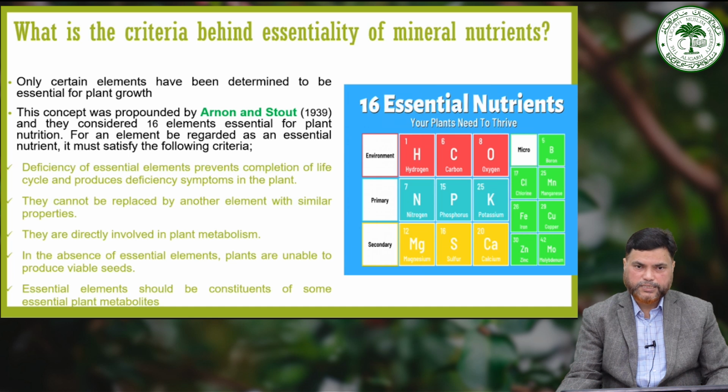So, these criteria set by Arnon and Stout are very specific criteria set almost 80 years back that must be adhered to classify an element as essential.